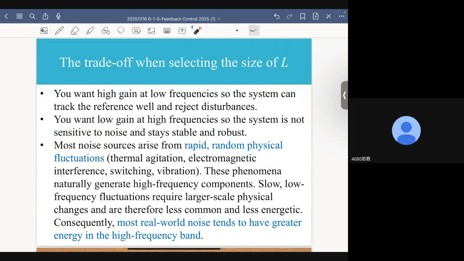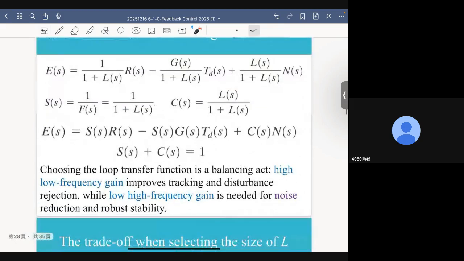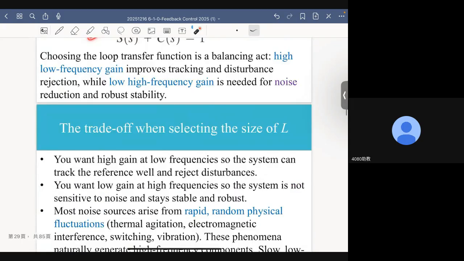Okay, so let's briefly summarize what we have learned. The first thing is that we want high gain at the low frequencies, so that the system can track the reference well and reject disturbance. That is, reduce these two error terms.